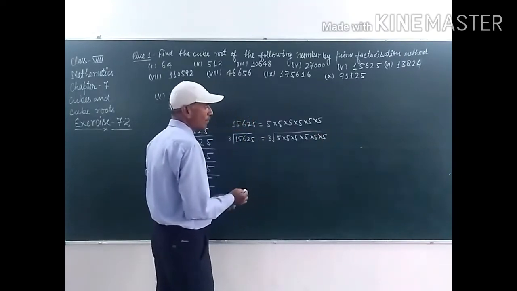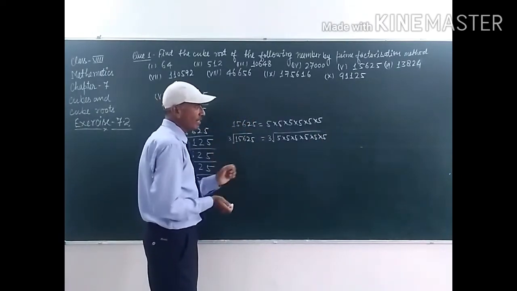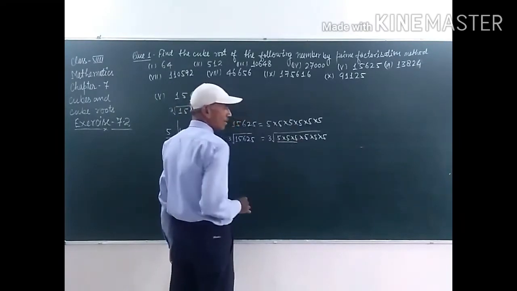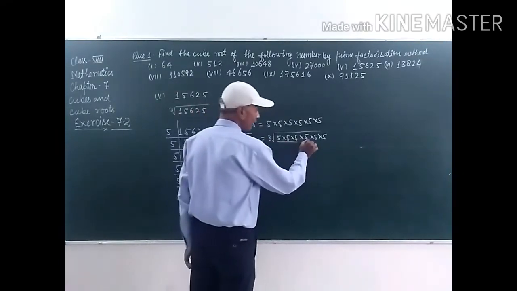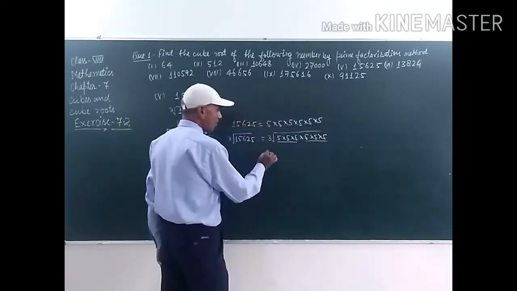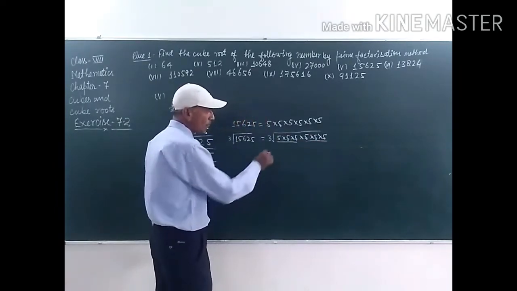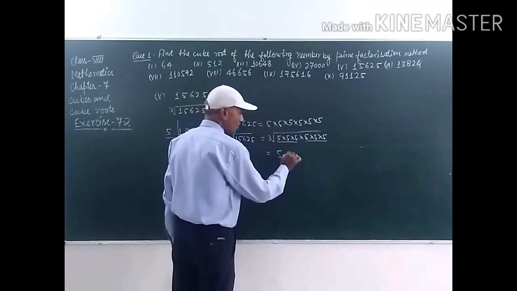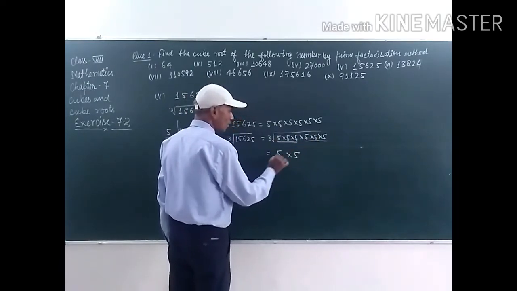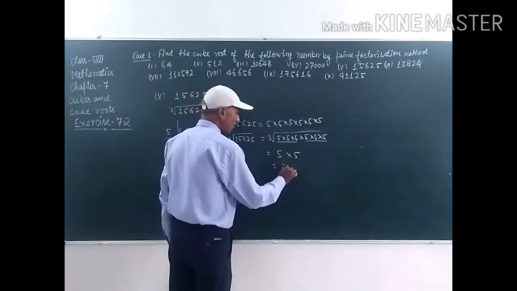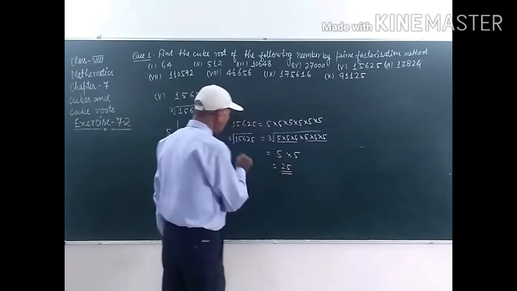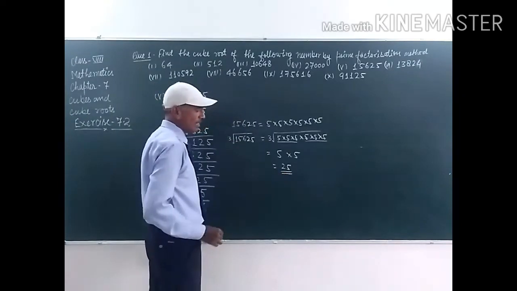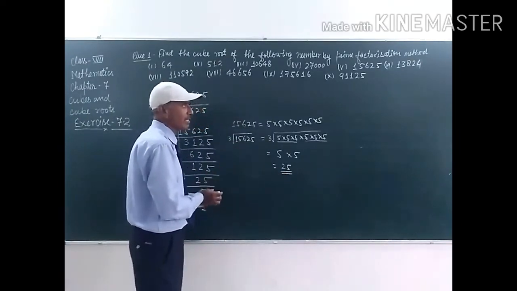Now we have to make the group of 3 of the same type of factors. This one first triplet and this one second triplet. From each we have to find one number, one factor, that is 5, and from this group this one 5. So 5 5 ja 25. So cube root of 15,625 is equal to 25. This one is answer, student.